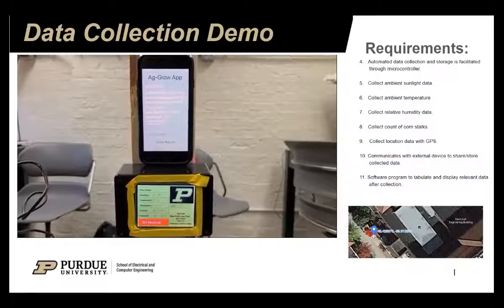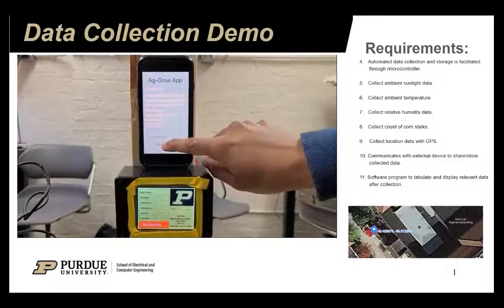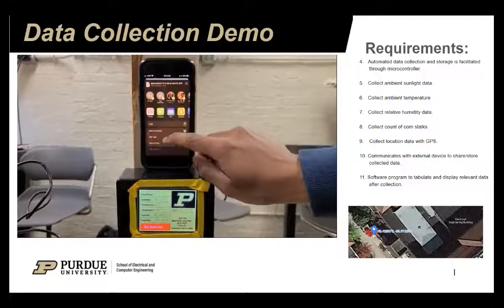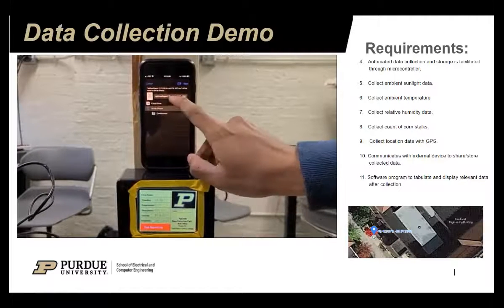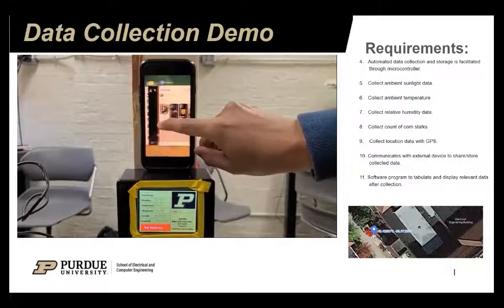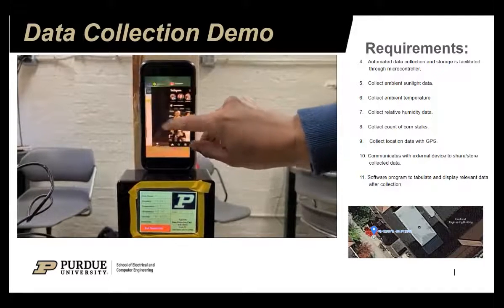Now, for the save report feature to work, I have to click on the button. It'll now let me save it to files, which is time-stamped as you can see. If I click onto the files, I'm sorry.